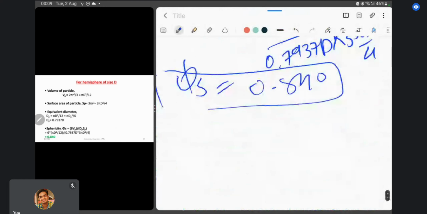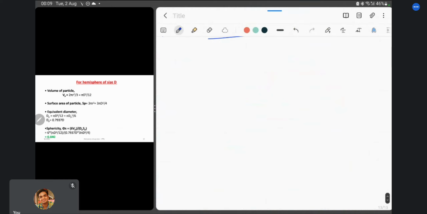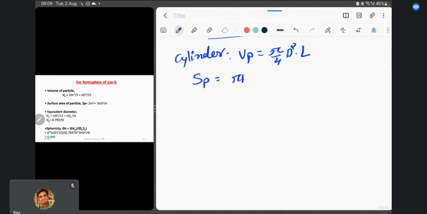If you want to see some more examples, then we can consider the same example for a cylinder. There is one assignment question with a cylinder example, and we start with the volume. Vp is equal to pi by 4 d square L. This is the volume of the cylinder. Then area Sp is equal to pi dL plus pi d square by 2.